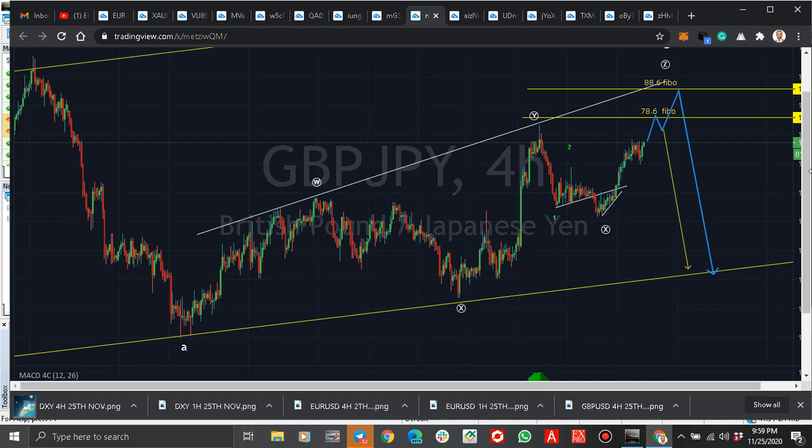So I think either the price will hit here and likely hit here before it comes down, but it's going to come down. But the issue is that, if you watch my last analysis, when I saw this rejection, I was thinking that the selling will continue, but it keeps going up and breaks it.